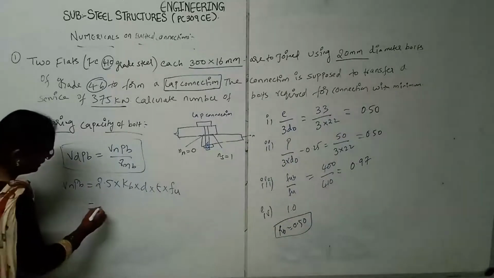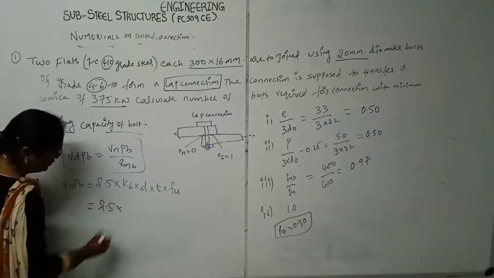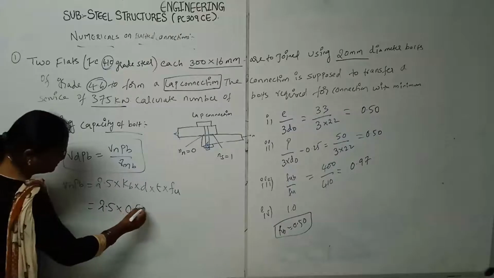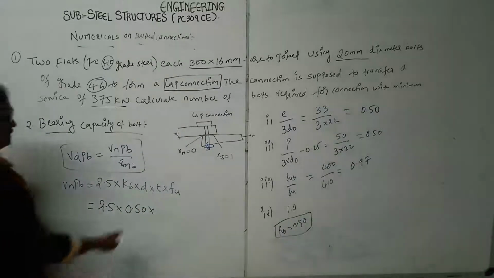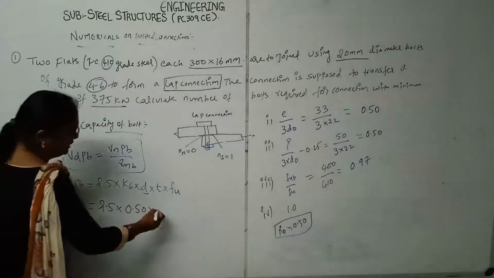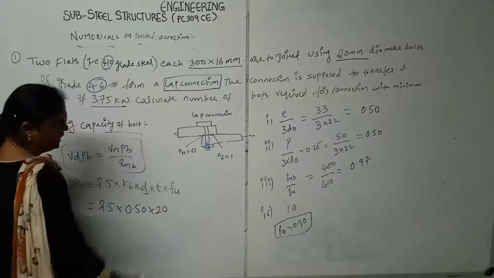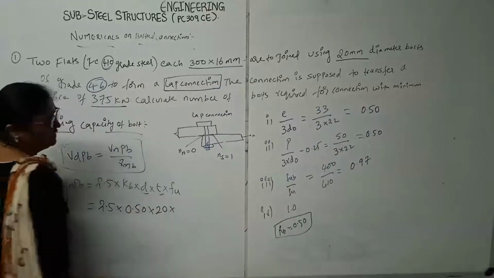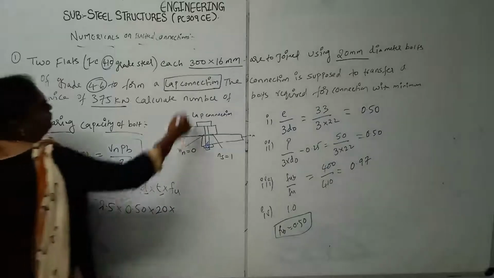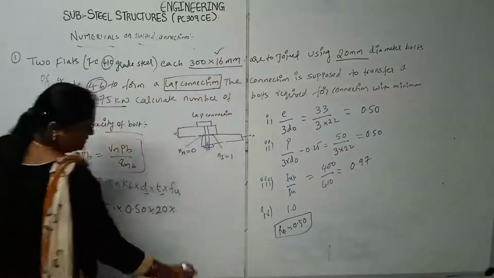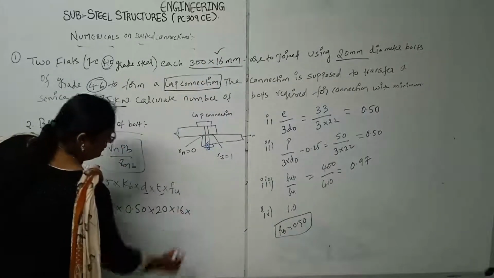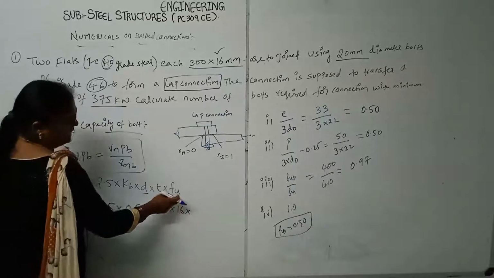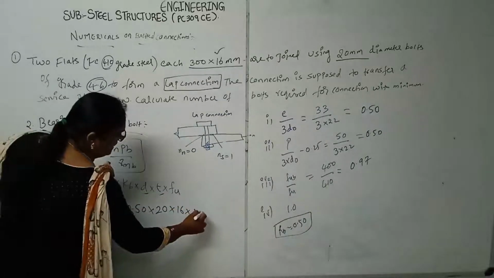So right here 2.5 into KB, which is 0.50, into D, the nominal diameter, so that will be 20. What is T? T is the thickness of the thinner plate, so T will be 16, into the ultimate tensile strength of the plate.